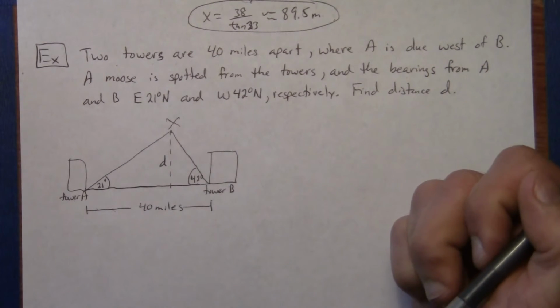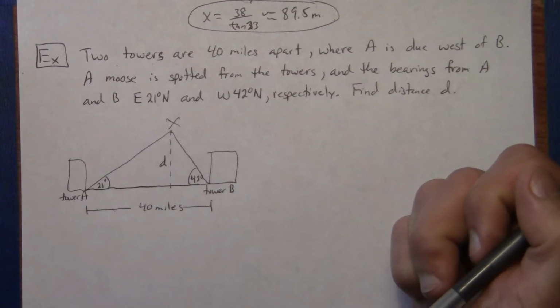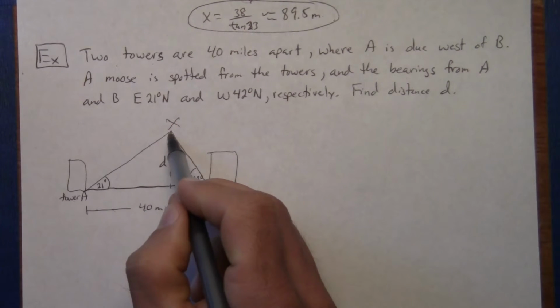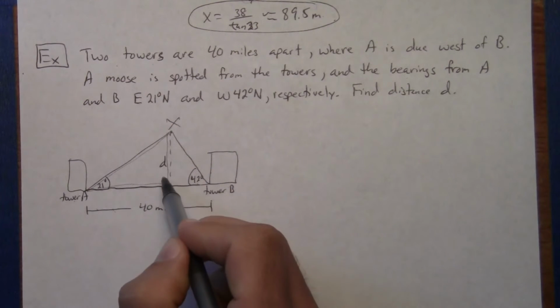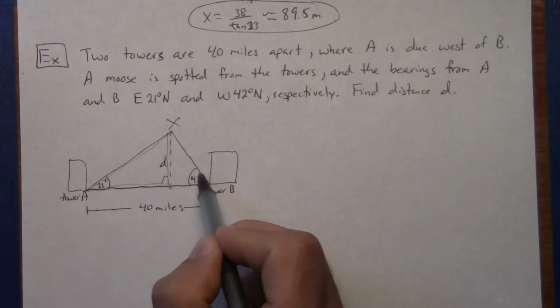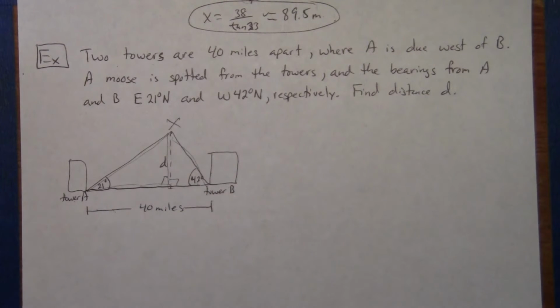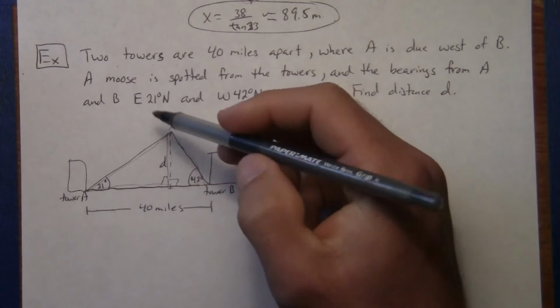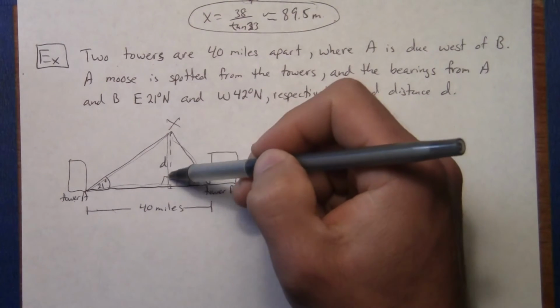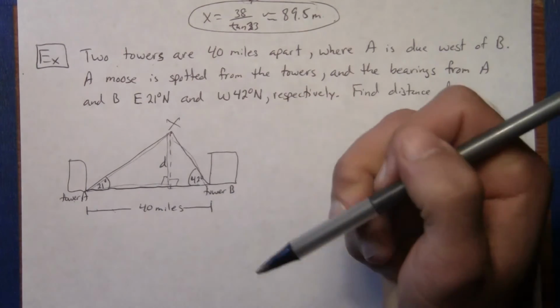All right, and what I have to recognize when I look at this is, I think we can easily see there's a right triangle here, and then there's a right triangle here. What I notice in this problem is that those two right triangles share the same side length, and it happens to be the side length I'm looking for.